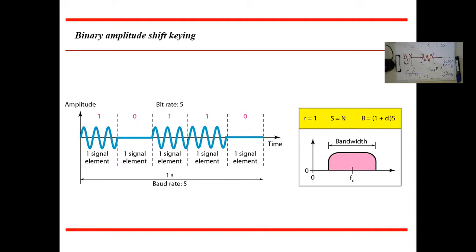We have 1 bit per sample, so r equals 1 and s equals n, where n is the number of bits in 1 second. As you can see here, s is what we can call the baud rate, or the number of samples per 1 second. So you can estimate the bandwidth here.